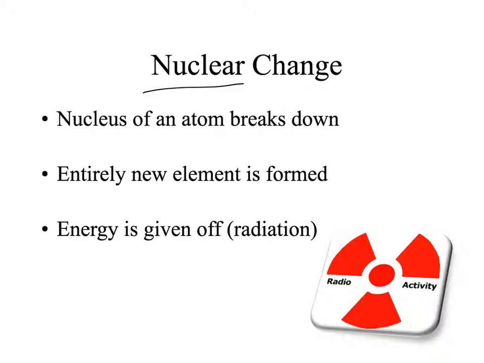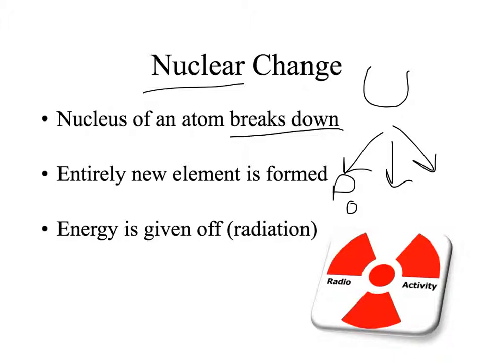The nucleus of an atom actually breaks down, and you create an actual new element. All right, which is pretty crazy to think about. But if you take something simple, something like uranium, which isn't an atom bomb, when it goes through fission and breaks apart, it breaks apart into some different pieces, including polonium and some other elements.